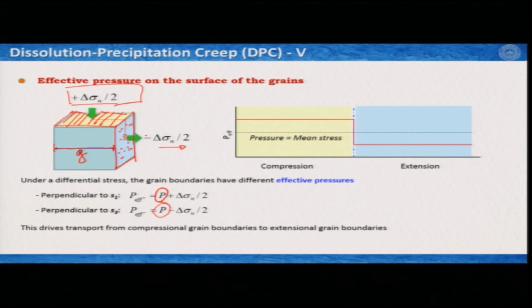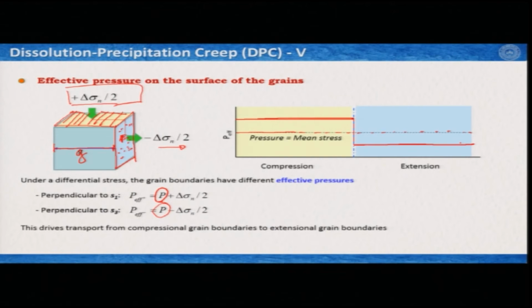And if we have to find a mean stress in this illustration, which is this one, then clearly at this surface we have stress level somewhere here, and on this tensile surface we have stress level somewhere here.